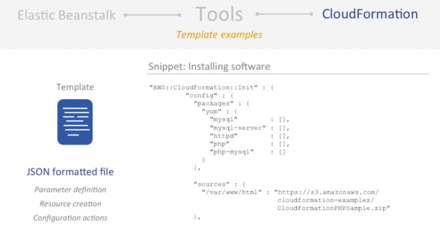Another snippet here is how do I actually then configure something on a machine. So if you look at some of the example templates, and I'll show you where you can get to those later, you'll find a whole series of actions. Commonly, obviously, we're going to go and install some software. So once we've created a load balancer or created some instances, we want to stick some software on those instances. So in this case, I'm using a config and I'm using yum on a Linux instance to install MySQL, Apache, and PHP.